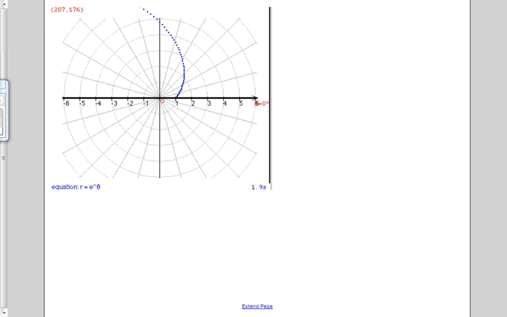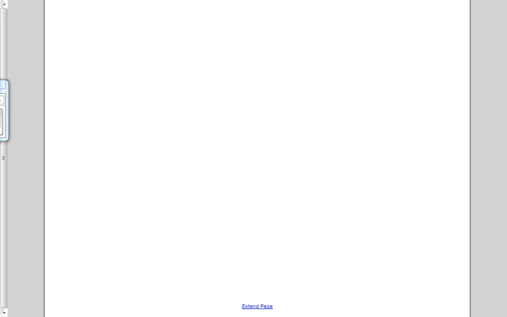This is just a bigger picture of that logarithmic spiral, and we went ahead earlier and found that length. And that's it. So there's really just two things to take away from this.